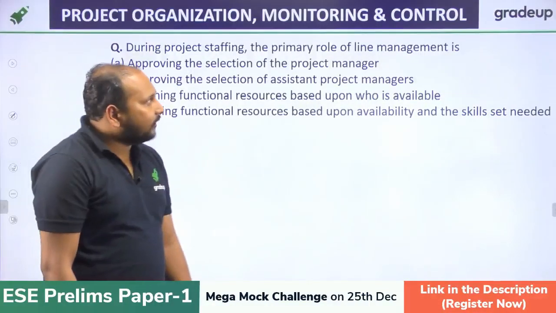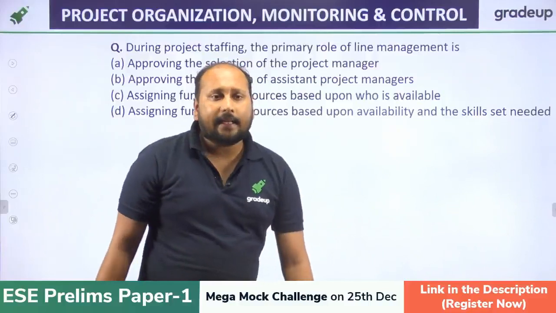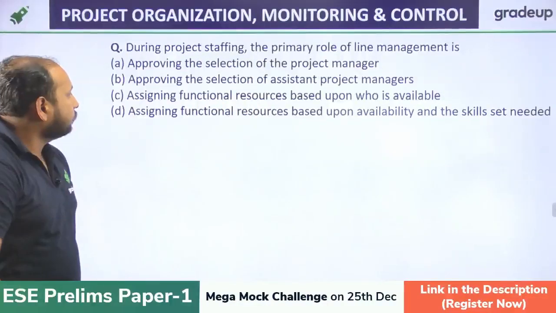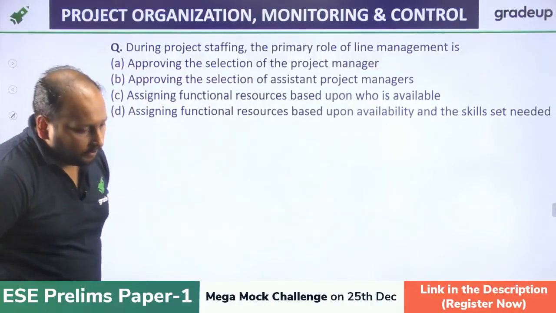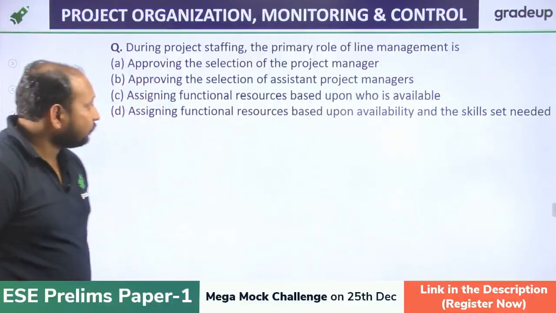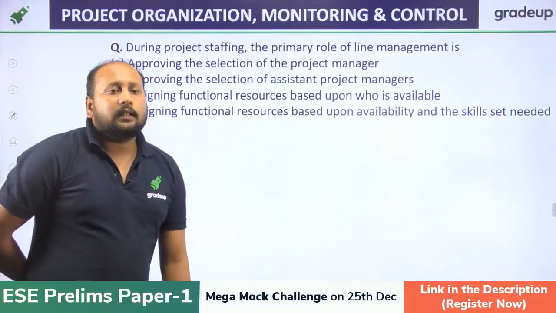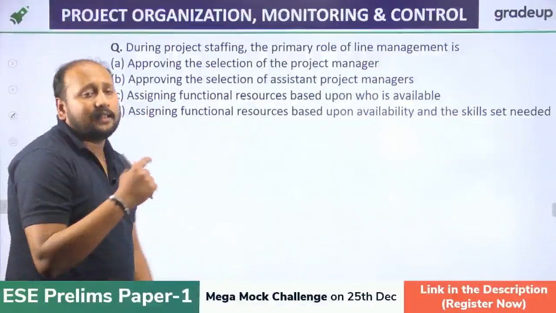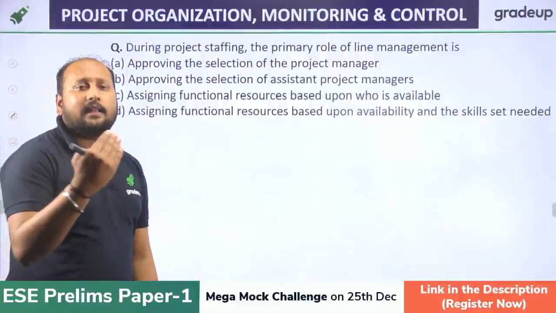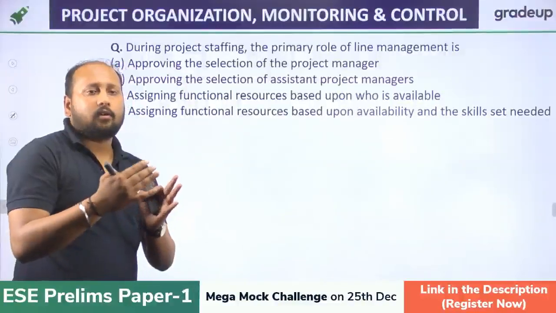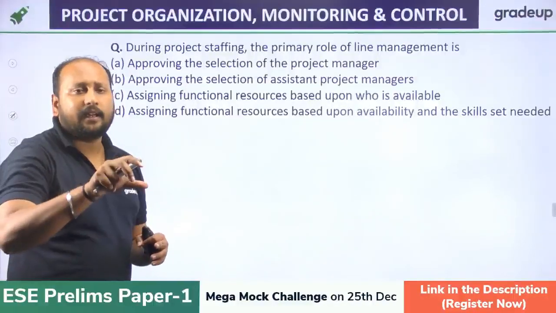During project staffing, the primary role of line management is? Yes, quickly tell me. Project staffing is basically deciding the team. When you got the project, okay, a 100 crore project, the project manager decides the team.